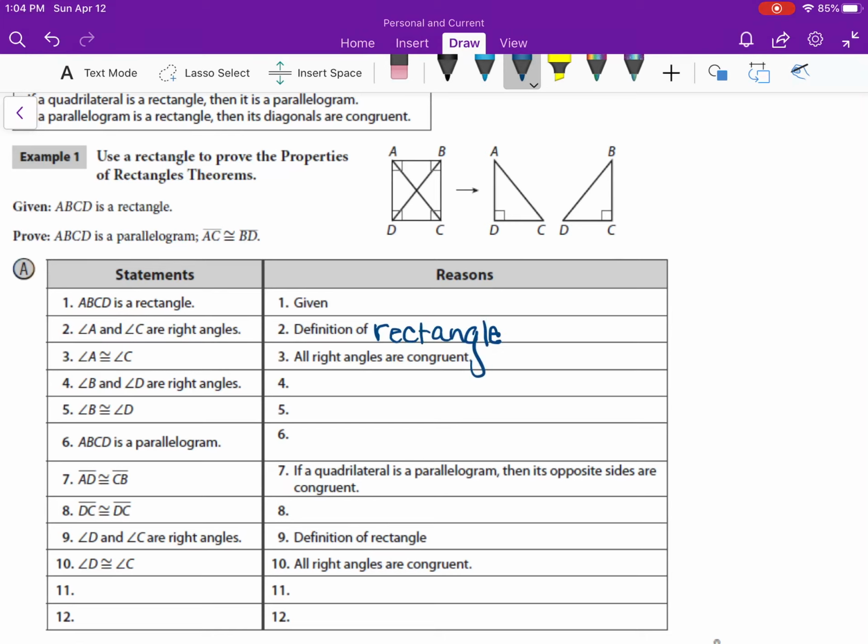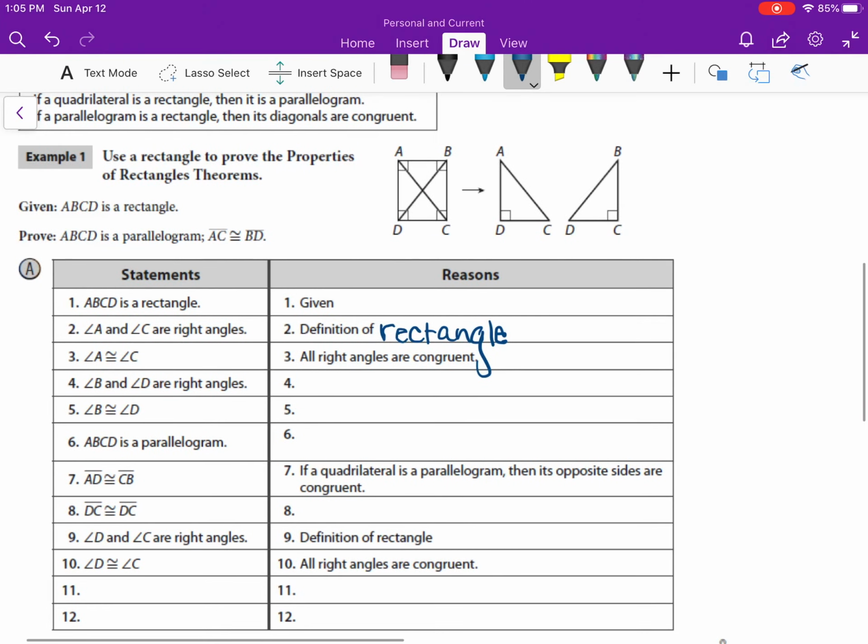Because our rectangle says opposite angles are congruent. A is equal to C because those right angles are congruent. And if we're looking at step 4 here, B and D are right angles, and this is by the definition of a rectangle.